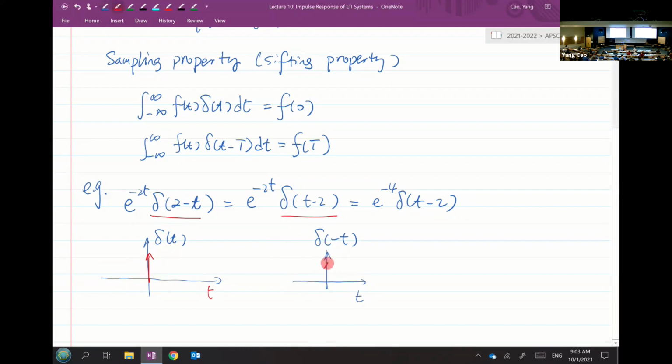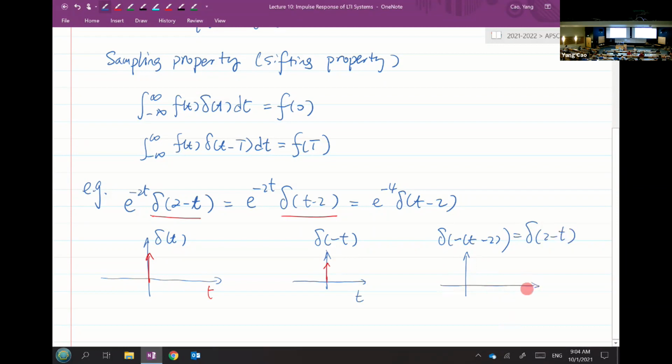So delta negative t, no change, still here. Then next, I'm going to shift this delta negative t to the right by 2 units. And of course, this is equivalent to delta 2 minus t.